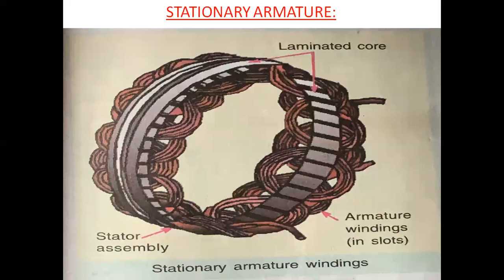The second one is it is very easy to insulate the stationary armature winding for high AC voltages. Okay, these can be as high as 30 kV or more.